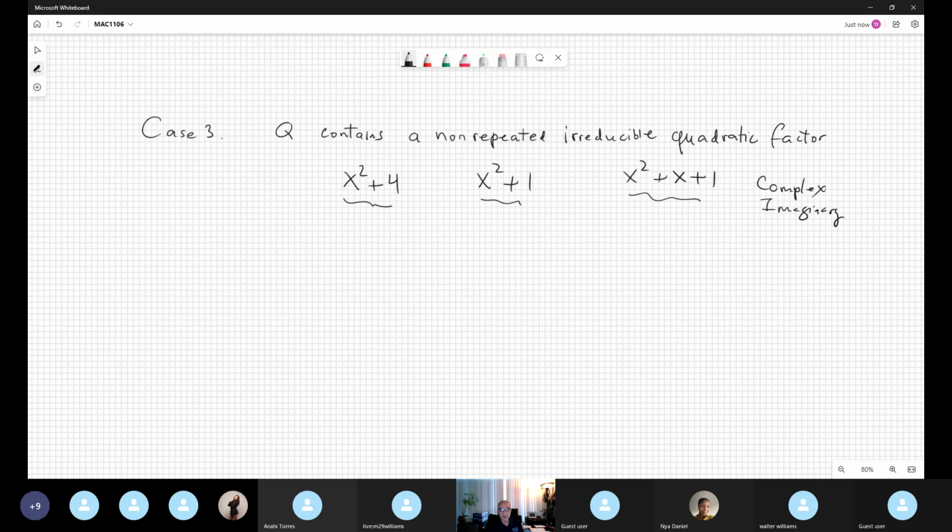So an irreducible quadratic is one that you can never factor using linear factors; the only possibilities include complex or imaginary numbers, which we never use, at least here.